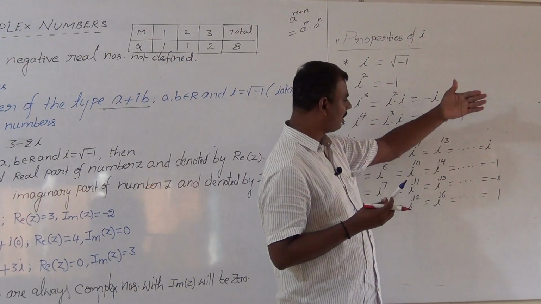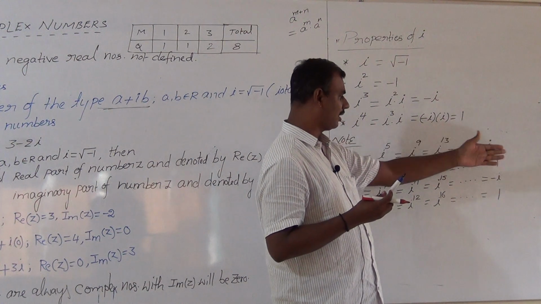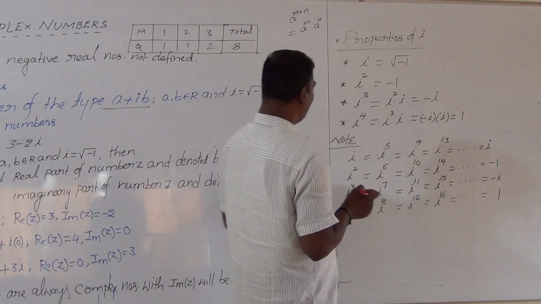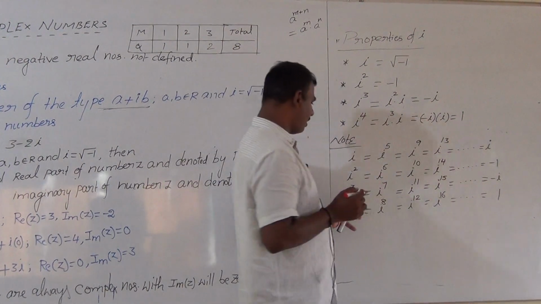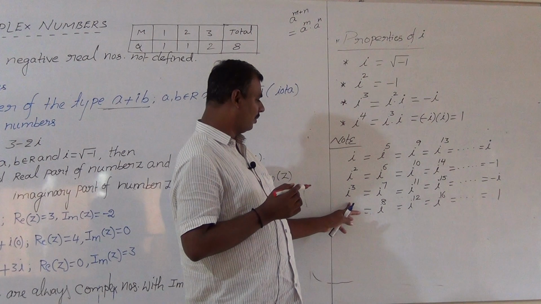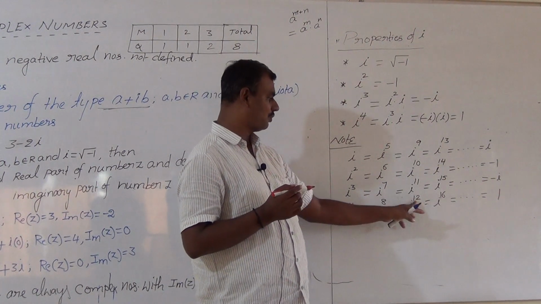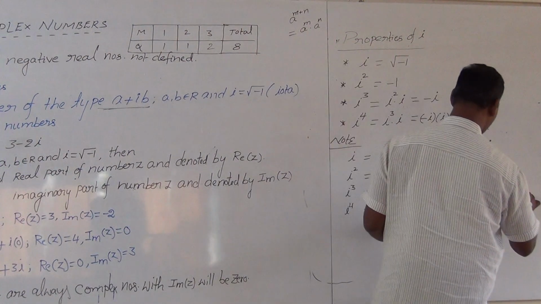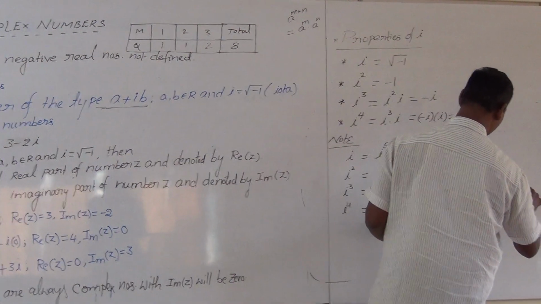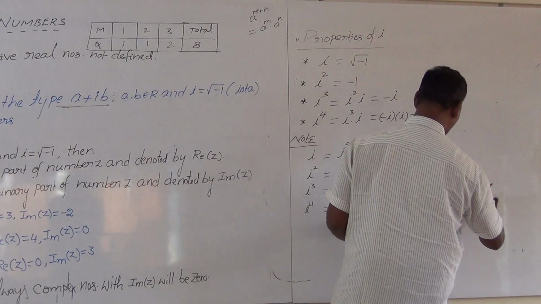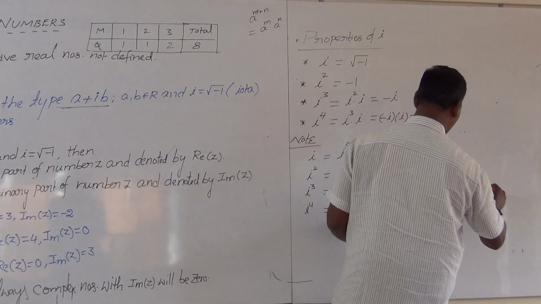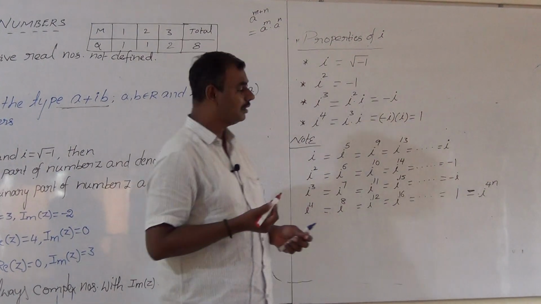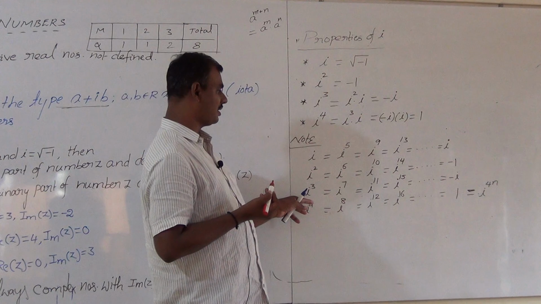Again the next term, the i, -1, minus i, 1 will be repeated. According to this, we observe that 4, 8, 12, 16 are always multiples of 4. So we can write the general form iota raised to 4n, where n is a positive integer.